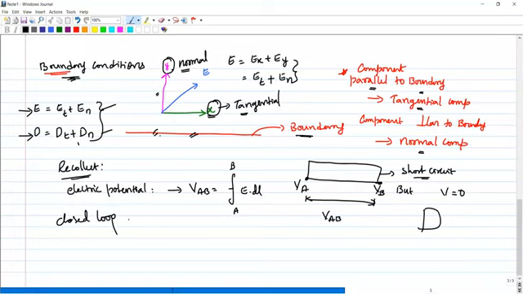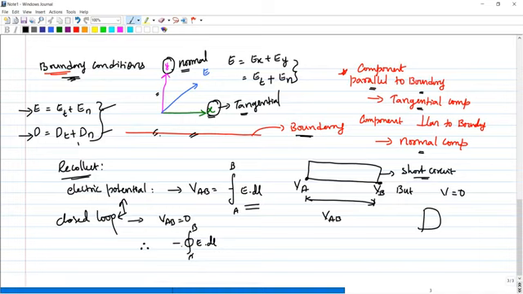Since we are applying the electric potential for this closed loop, whatever the value of VAB, that value will be equal to 0. So what is the condition here? VAB earlier is minus the integral from A to B of E dot dl.